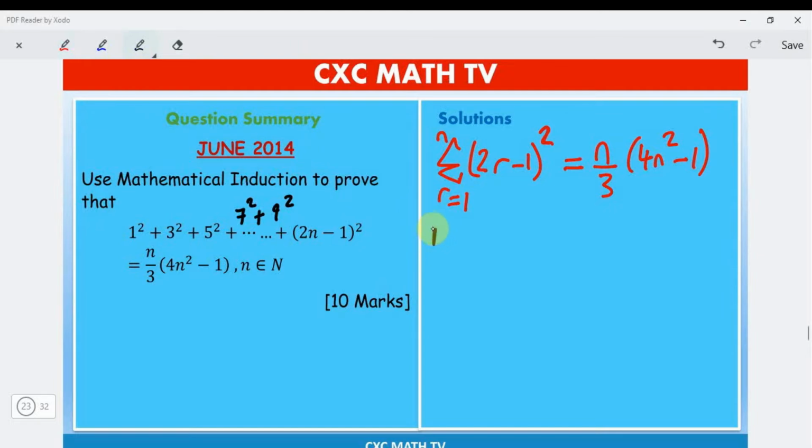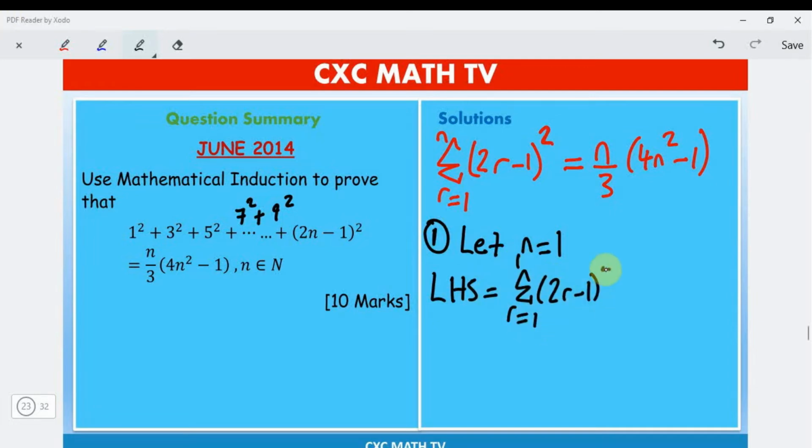So first thing we're going to do is step 1. We know the magic step, let n equal 1. If n equal 1, then the left hand side is going to be the sum from r equal 1 to 1 of (2r minus 1) all squared. When you plug in r as 1, that's (2 times 1 minus 1) all squared, which is just 1.